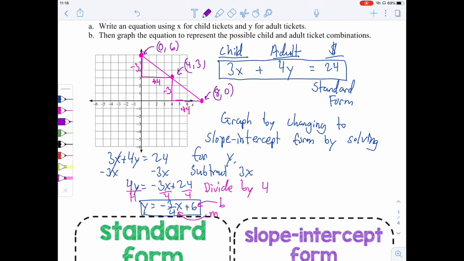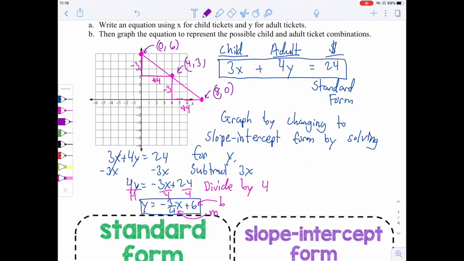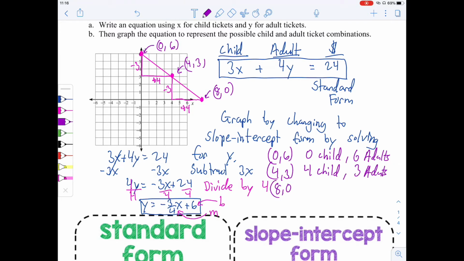So those are different combinations. 0, 6 is 0 child, 6 adults. 4, 3 is 4 child, 3 adults. 8, 0 is 8 child tickets, 0 adult tickets. And those are the different combinations that you could have.